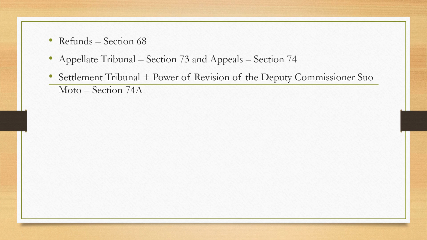If any case which comes up before the bench consisting of a single member or a bench consisting of more than one member of which the chairman is not a member involves a question of law, the bench may in its discretion, or where the total agricultural income exceeds rupees 1 lakh, the bench shall reserve such case for the decision by the bench to be constituted under subsection 4 of which the chairman shall be a member.